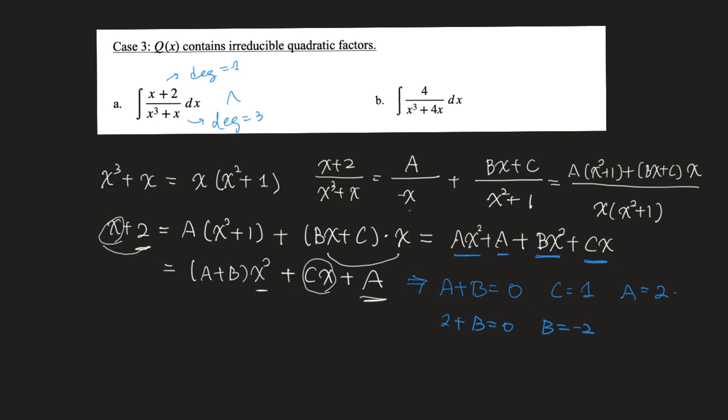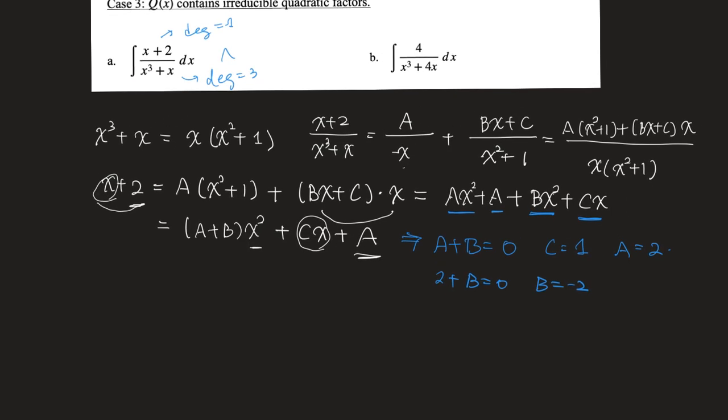That's another way to find A and B and C. So you have choices. The way I showed you in the previous example, you plug in the x values and find A and B and C, or you compare term by term to find A and B and C. Now you did the partial fraction decomposition.